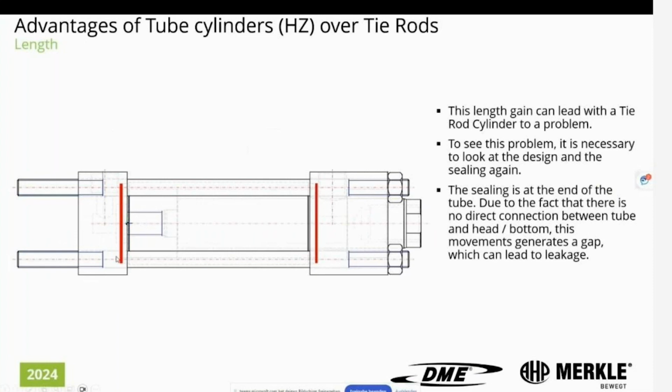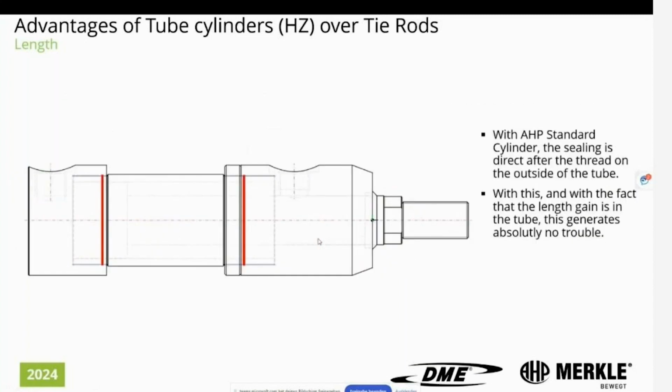What happens here is that we have on these red points here, it's an O-ring, okay, that is once more compressed together when the tie rods are fixed in the front and the rear part, and here we are screwing both rear and front part to the tube.